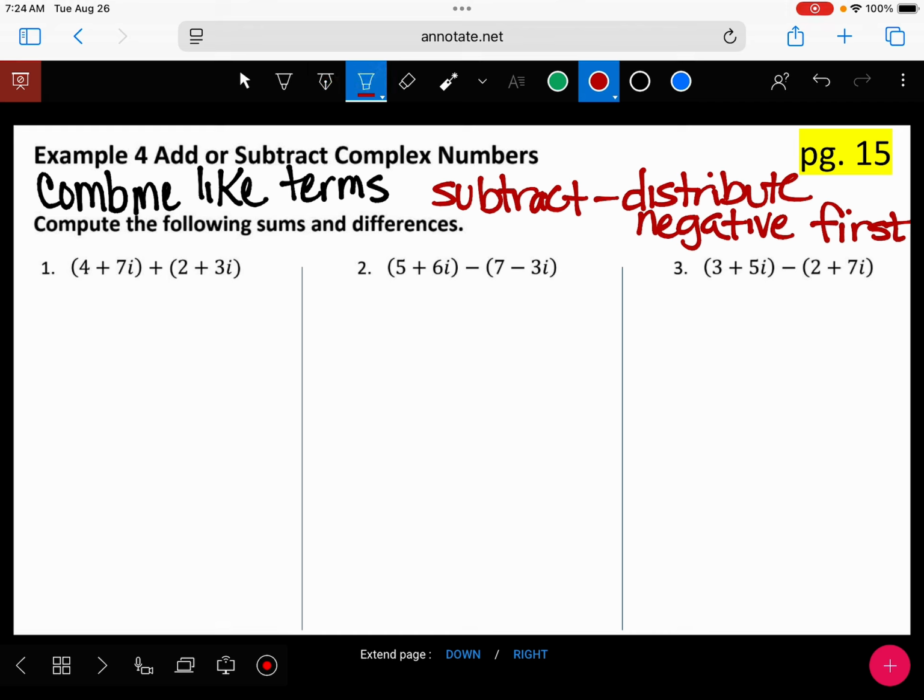So the real numbers would be 4 and 2. Add those together. 7i and 3i. Add those together. Figure out what that would be. So 4 plus 2 is 6.